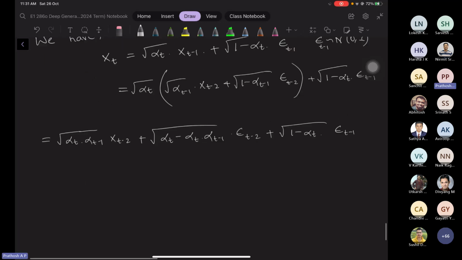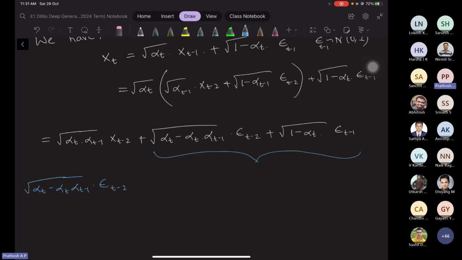Okay, now what should be done is, consider these two terms. Which is root of alpha t minus alpha t into alpha t minus 1 into epsilon t minus 2.